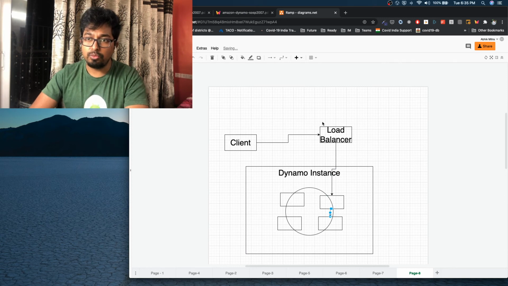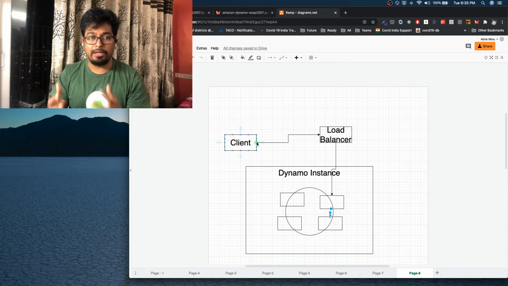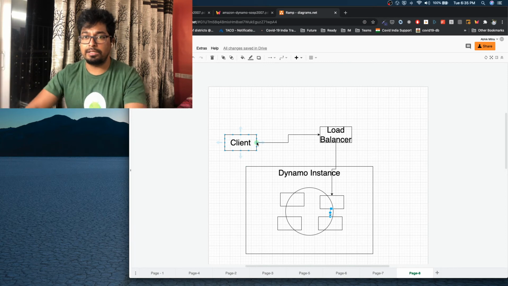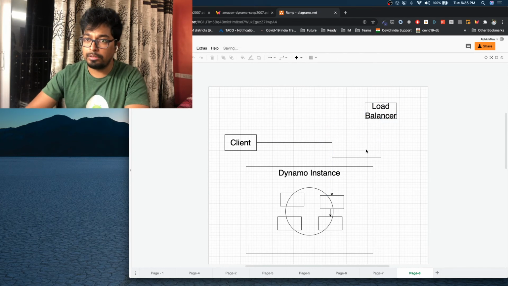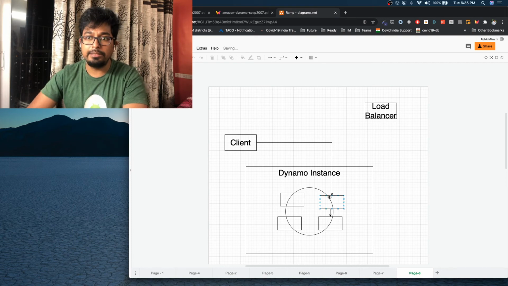So you have this one extra hop here. What if the client, when it connects, also gets this map saying that this key is present in this data store, and the client directly connects here instead of going through the load balancer? So instead of the load balancer, the client directly connects to the machine.